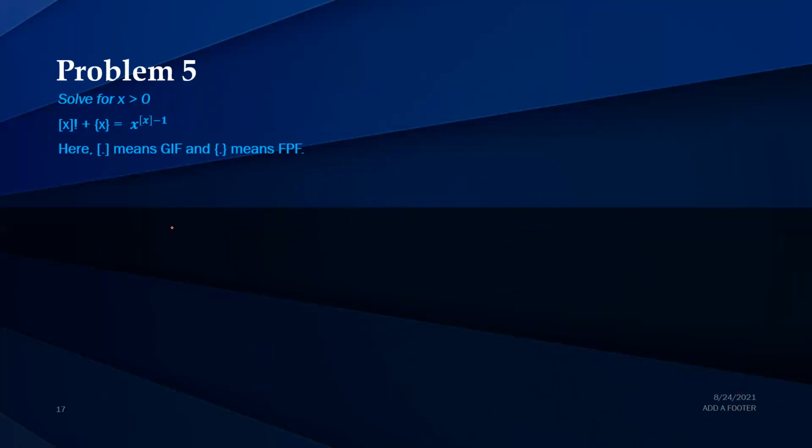Now let's look at another problem from a different paper. So this is a very amazing problem. It uses the most basic identities and induction. So first what we are going to do is use the identity that the fractional part of x is less than 1.